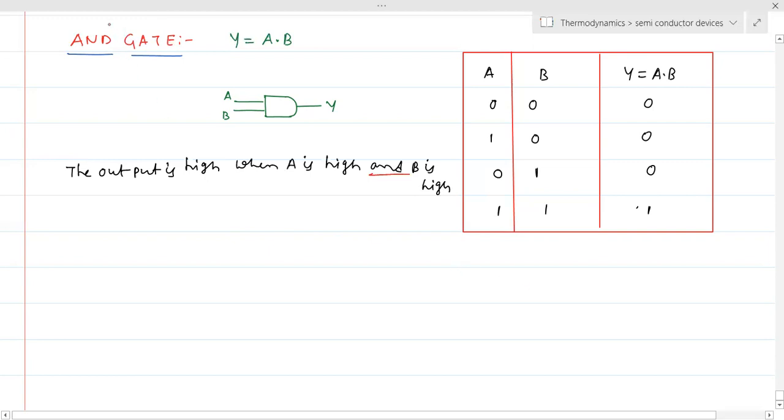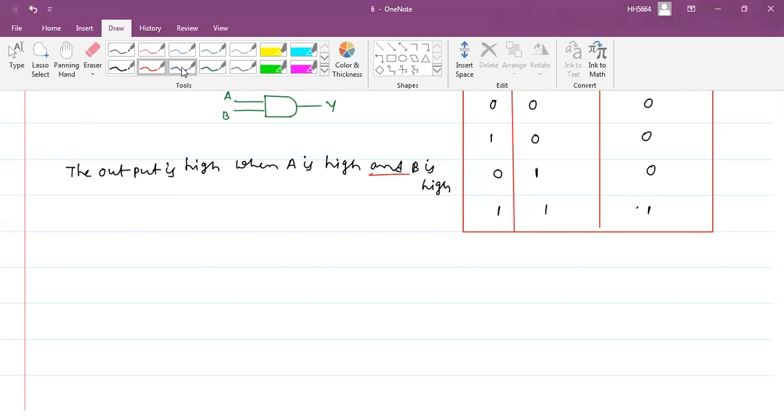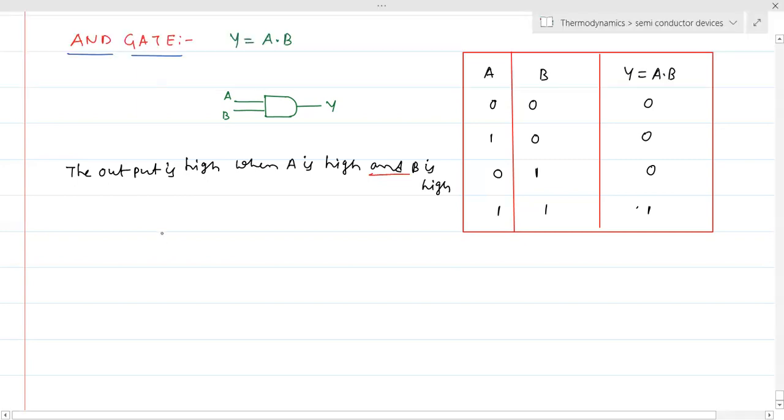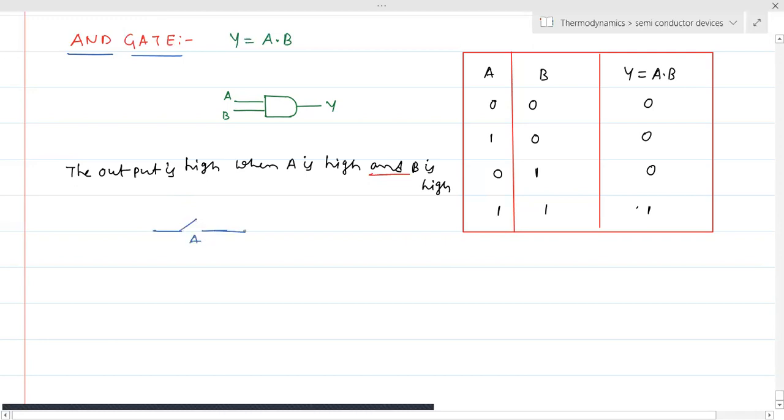And we are taking the switch format. That means how we are going to construct the AND gate with switches. A should be closed and B should also be closed in order to glow the bulb. That is the logic.